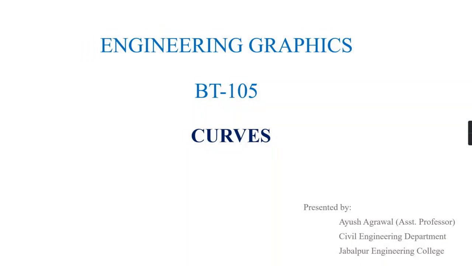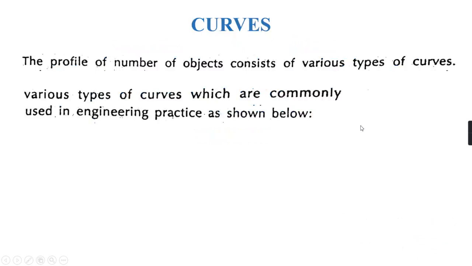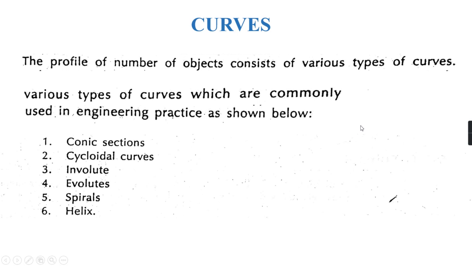Today's class, we are going to learn the different types of curves, their applications, and how to draw them. So, the profile of a number of objects consists of various types of curves, and various types of curves which are commonly used in engineering practice are shown below.